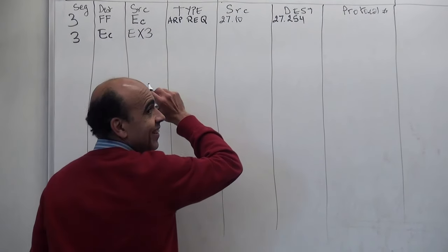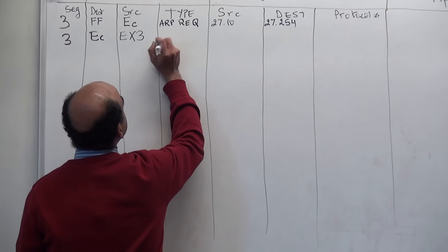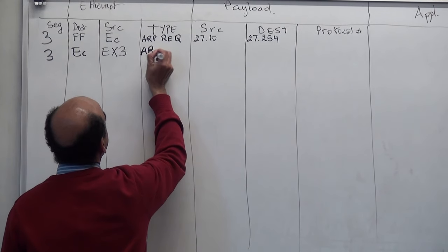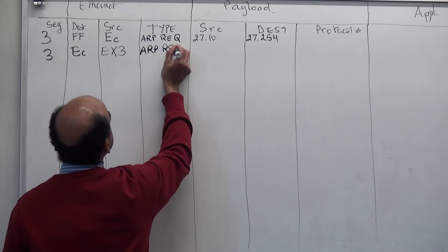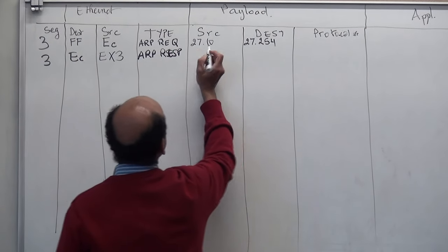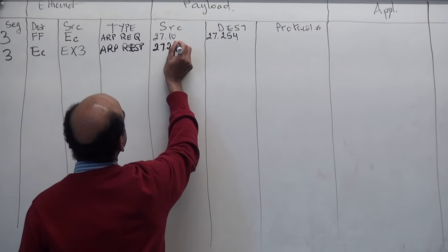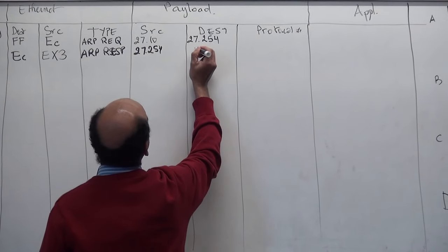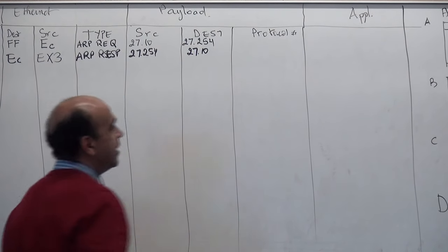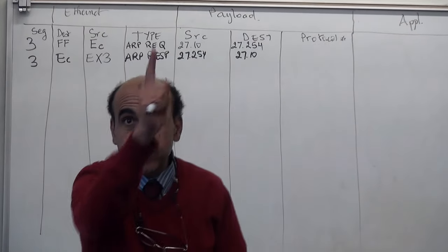What is the type? ARP response. Yes, it's an ARP response. Source? 27.254. Yes. Destination? 27.10. Okay.